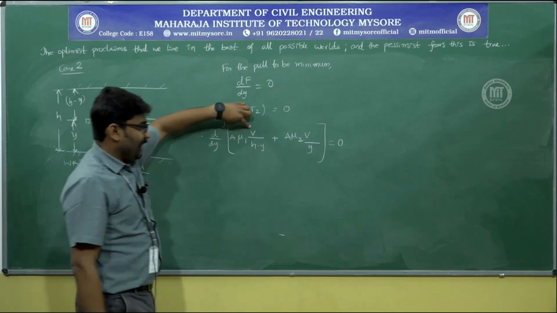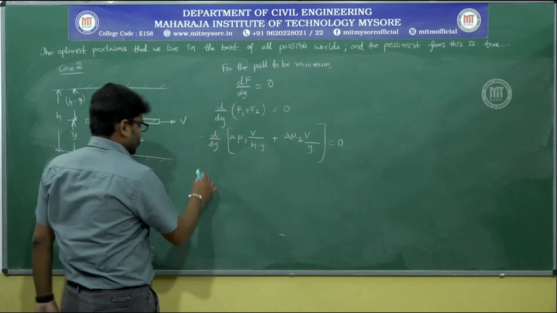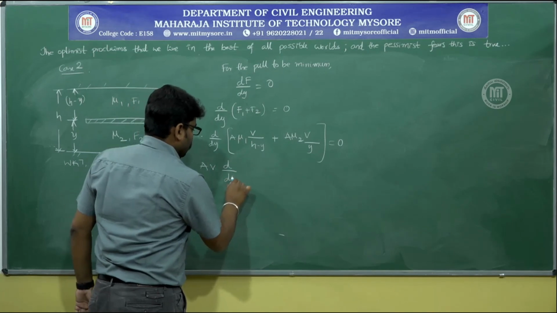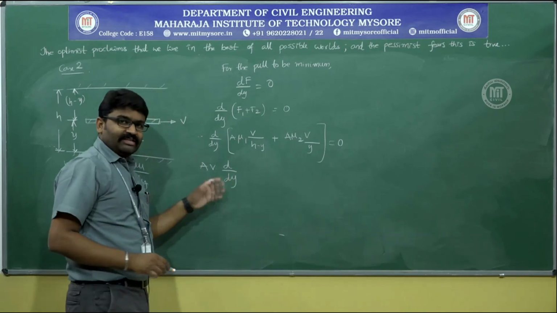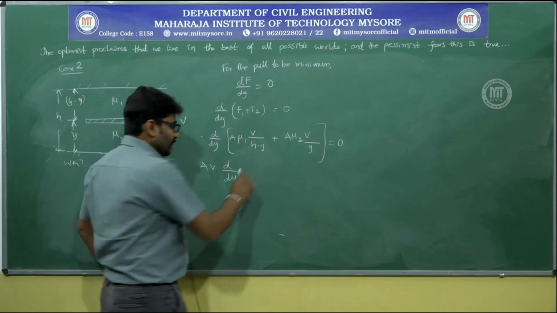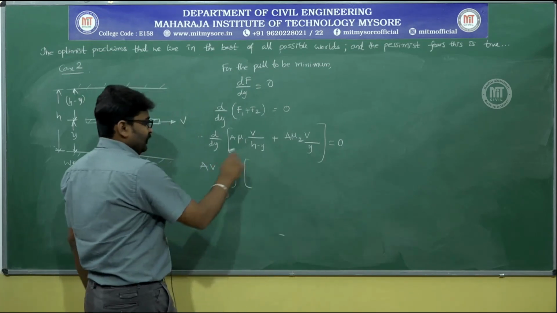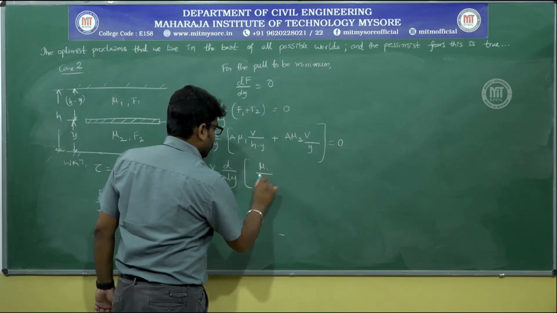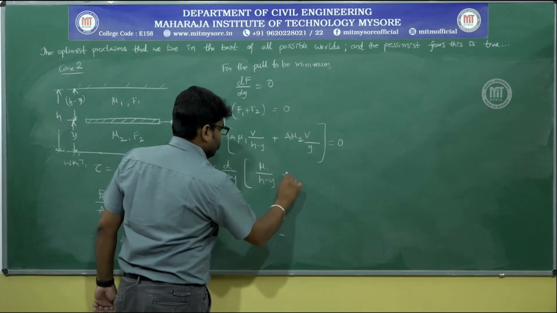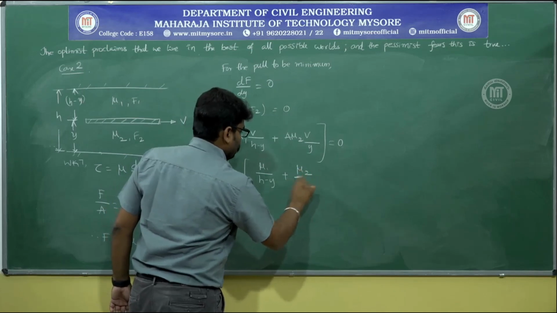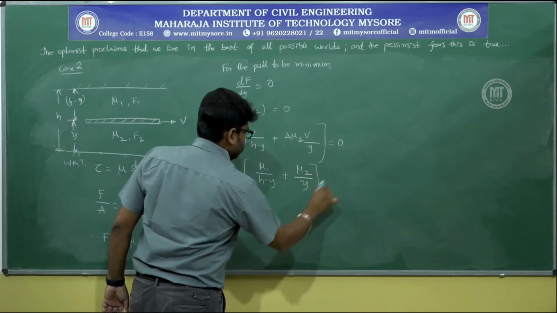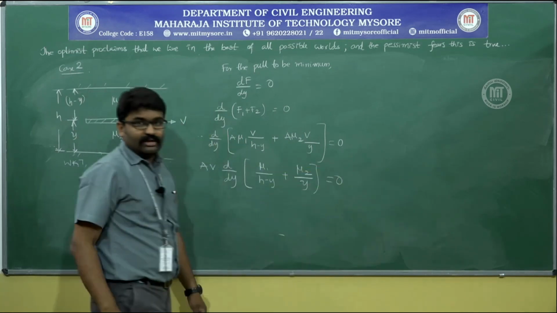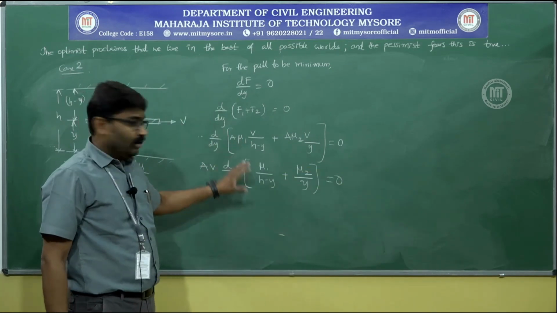If you observe carefully, A and V are common factors. So, I will take them out. AV into d by dy, and A is a constant, V is a constant. So, I am taking it out of the differential. So, you have d by dy of mu1 by h minus y plus mu2 by y. This must be equal to 0, and when you send AV to that side, that also gets negated, that is 0.